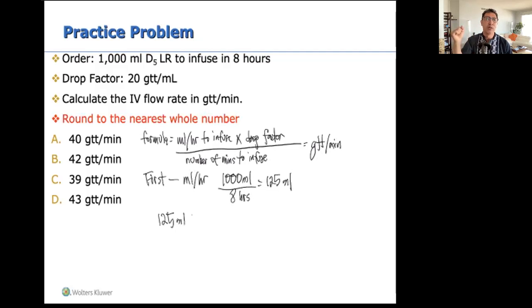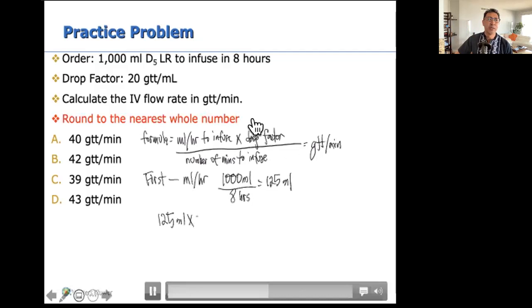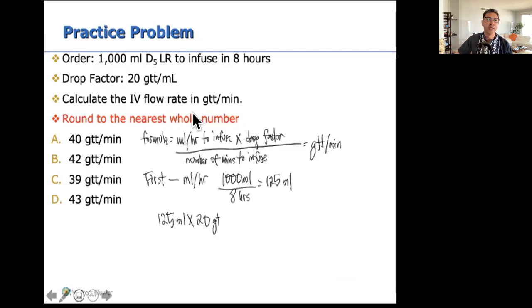Now that I have my 125 ml, I can plug it into my formula up here. 125 ml times the drip factor over 60 minutes.